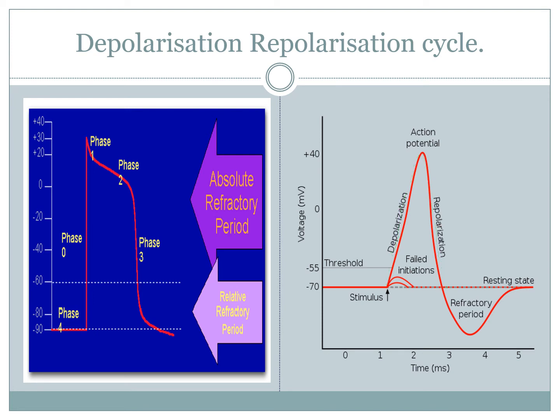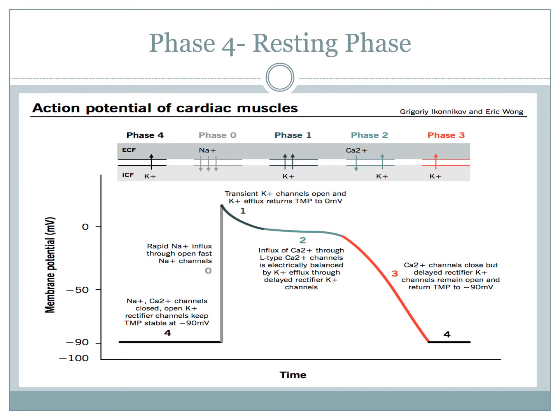Looking at this particular cycle, we break it up into phases, and those phases equate to different ionic movements. Starting at phase 4, it can best be described as the membrane at rest, or the neuron at rest.